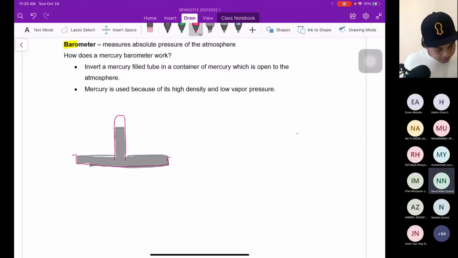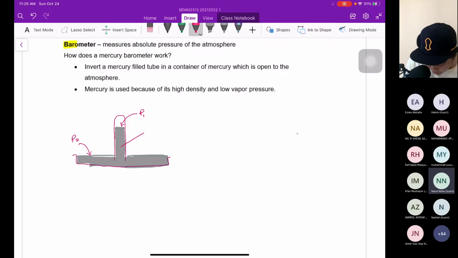So after that, from here, we label the pressure. The surrounding pressure exerted on the mercury surface we call P2. And inside here, the pressure exerted on the surface is P1.